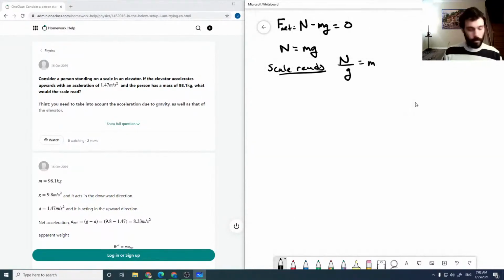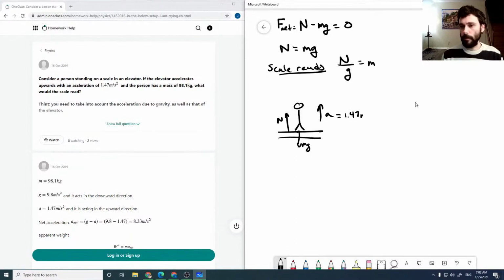Now when the elevator is accelerating upward, we've still got an mg, we've still got our normal force, and we've got an acceleration of 1.47 meters per second squared upward. N minus mg is equal to ma.